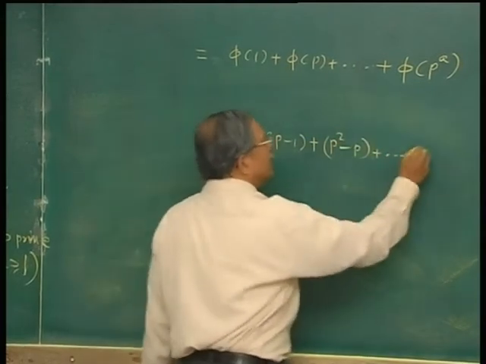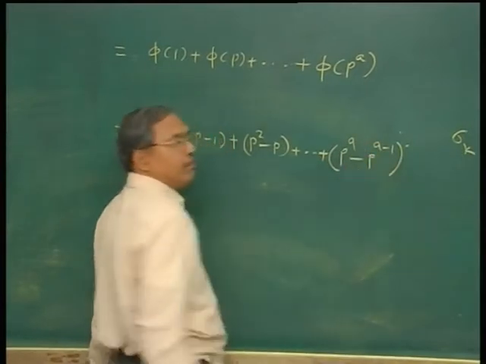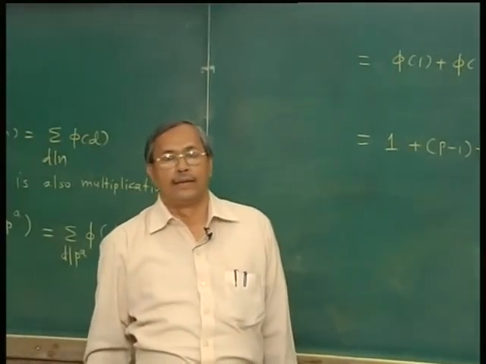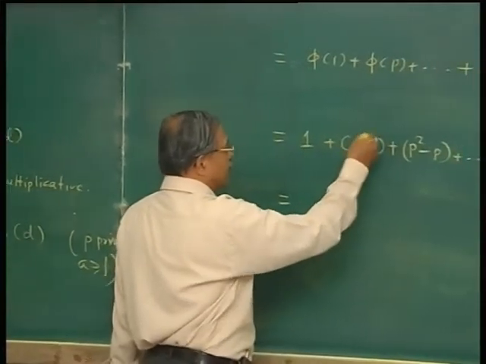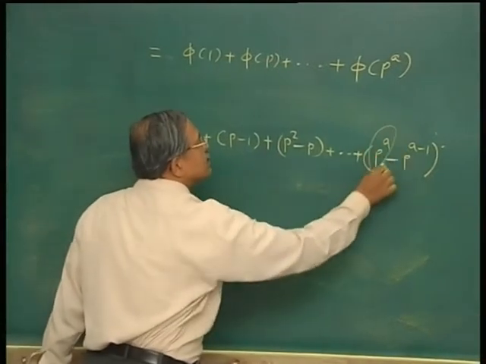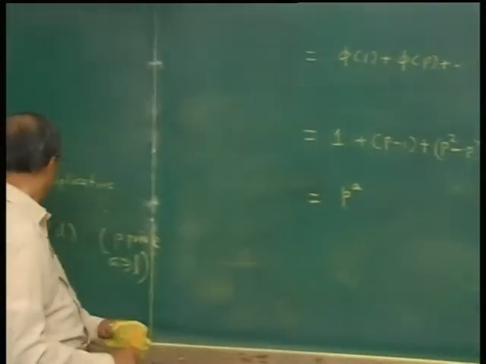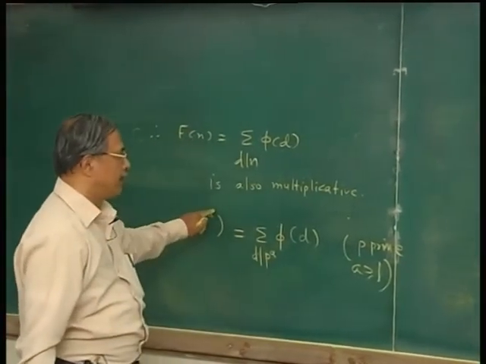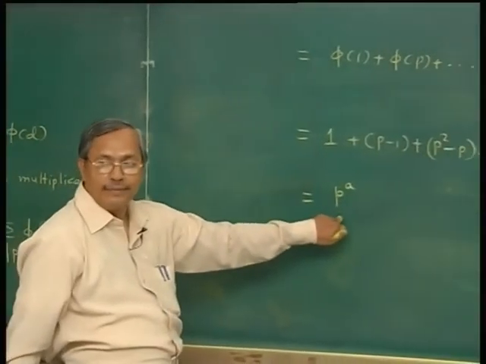And finally, phi of p raised to a is p raised to a minus p raised to a minus 1. And when you simplify this, 1 gets cancelled, p gets cancelled, and so on. Ultimately, only this term remains, so it is p raised to a. So, capital F of p raised to a comes out to be equal to p raised to a itself.